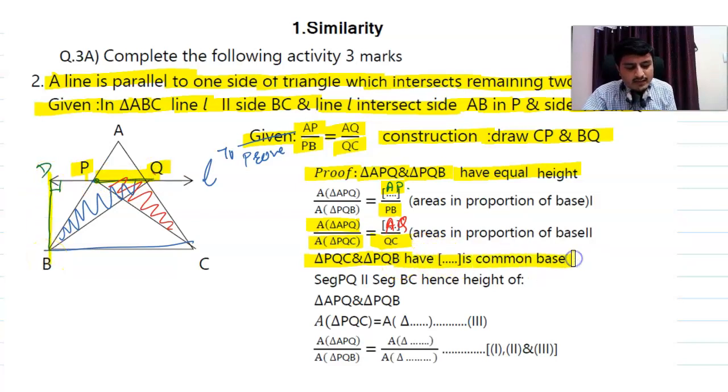Once they have the same base and the same height, they have the same area. That means area of triangle PQC equals area of triangle PQB. Let us call this equation number 3.